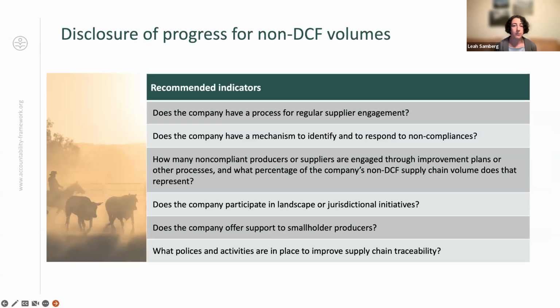This progress is already reported in many ways, and this guidance includes suggestions for indicators that companies should consider when disclosing progress for these portions of their supply chain. And these include activities related to supplier engagement, to management of non-compliant suppliers, to participation in landscape or jurisdictional initiatives in high-risk sourcing areas, and processes to increase traceability for volumes which are not yet traceable to origin.